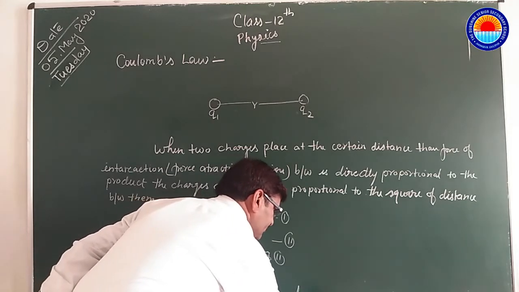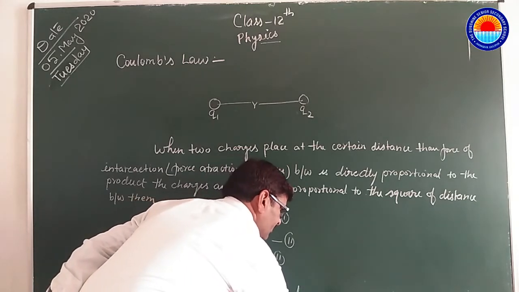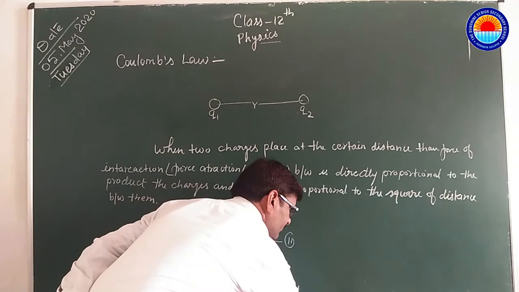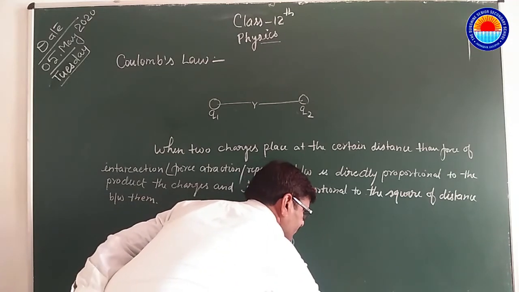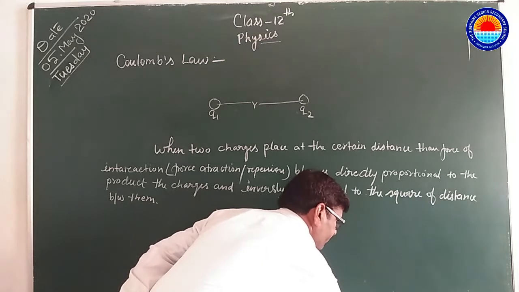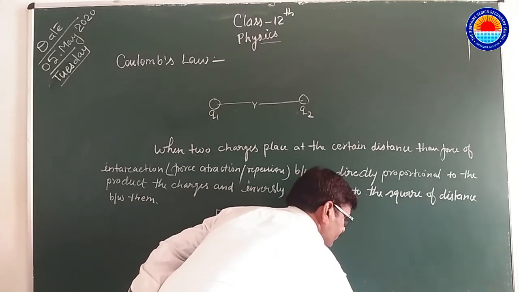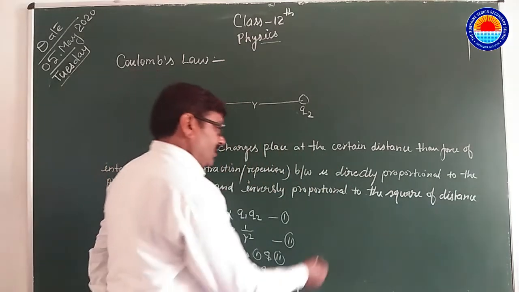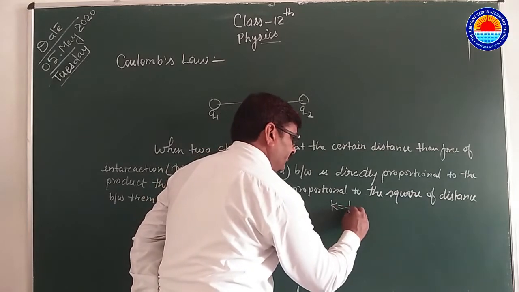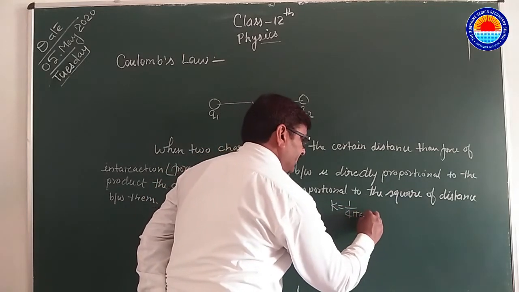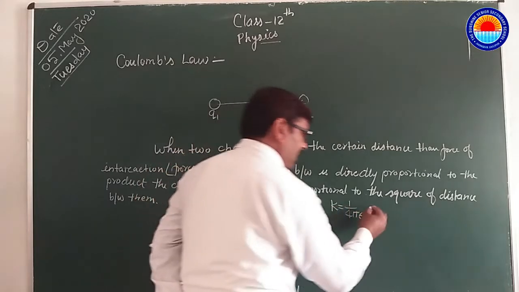the proportionality constant, where K is equal to 1 by 4 pi epsilon naught.